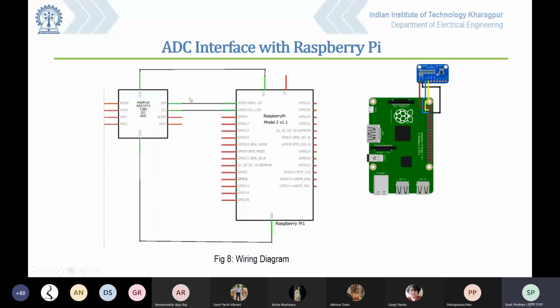This is the interface diagram. As I have told you, I am only using one channel, with the SCL and SDA data line and clock line, interfacing with the I2C present in my Raspberry Pi board.